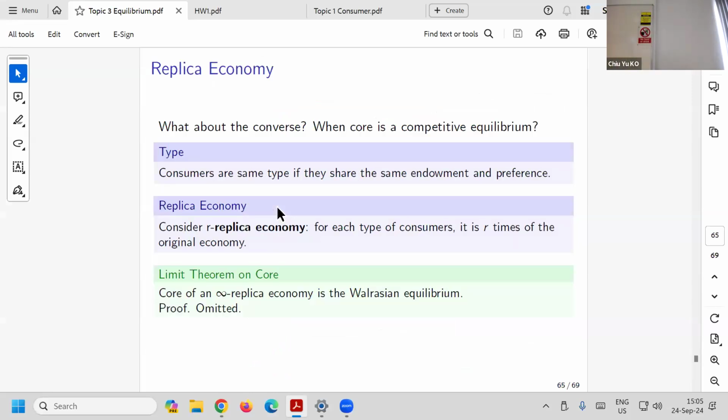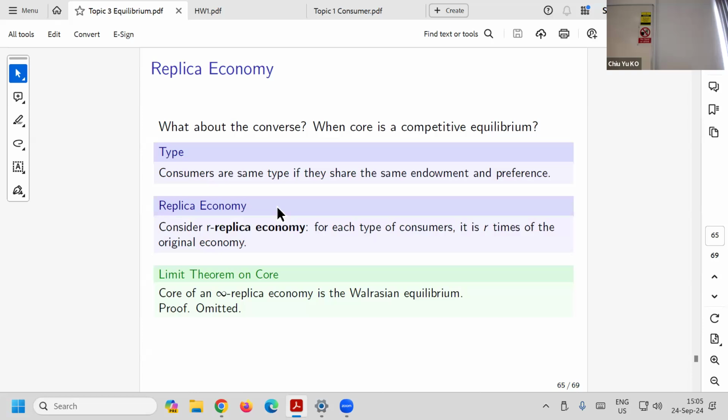What do we mean by making the economy bigger? Because we have n agents, each one is very different, with their own endowment. How do we say the economy is bigger? What we call a replica economy. Replica economy means the following. Suppose the economy consists of all of us. How can we add more people?